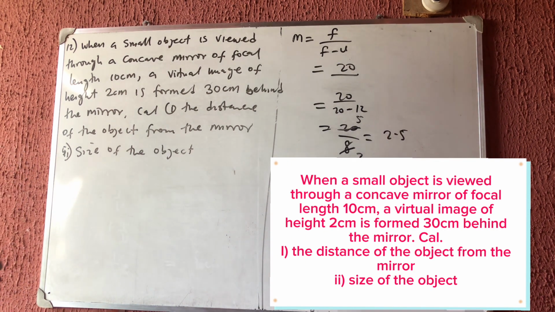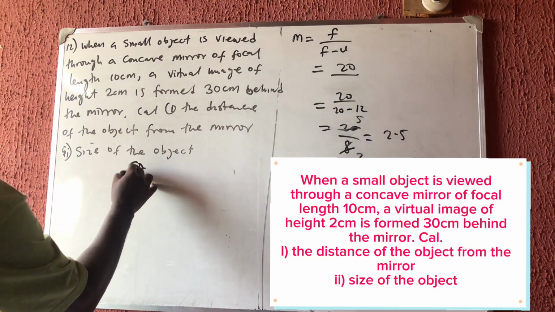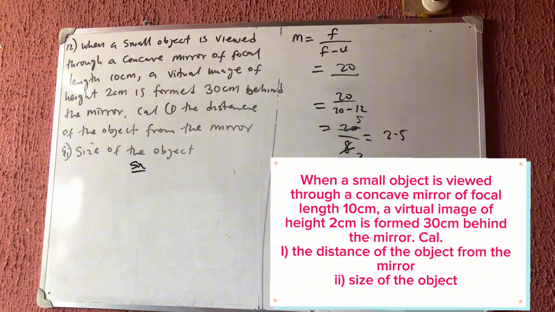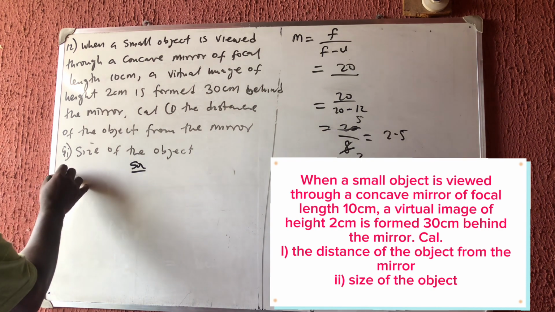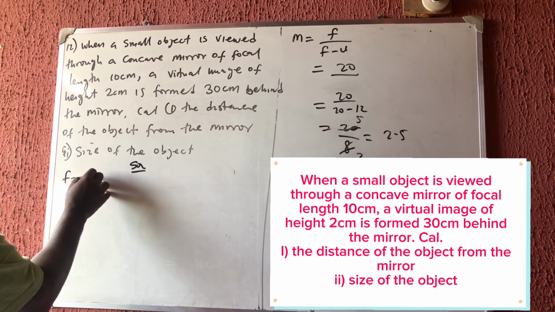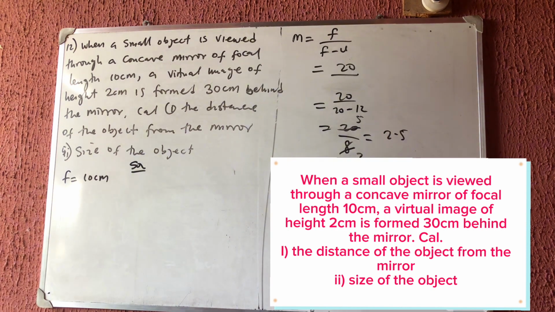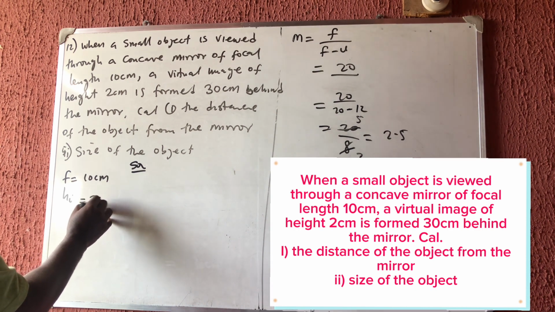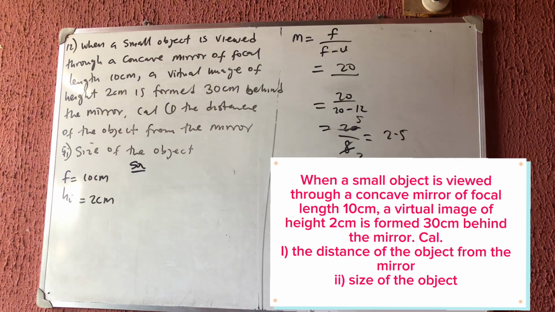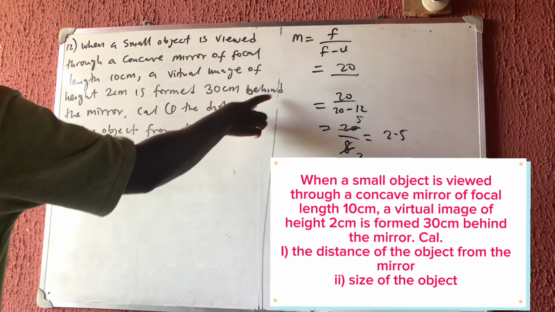Okay, now this is very simple. They say that when a small object is viewed through a concave mirror of focal length, they've given us our focal length to be 10 cm. They now say that the virtual image is of height, okay, we have the image height, hi, equal to 2 cm. Then the image is placed 30 cm behind.